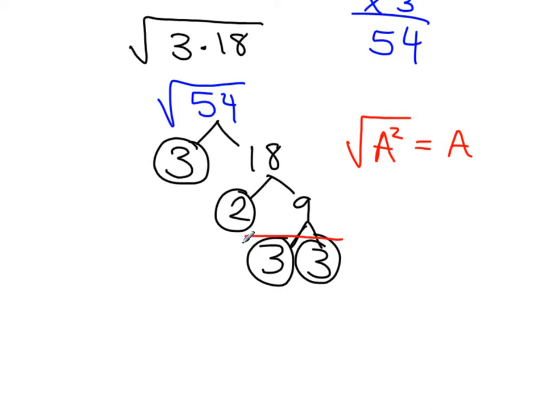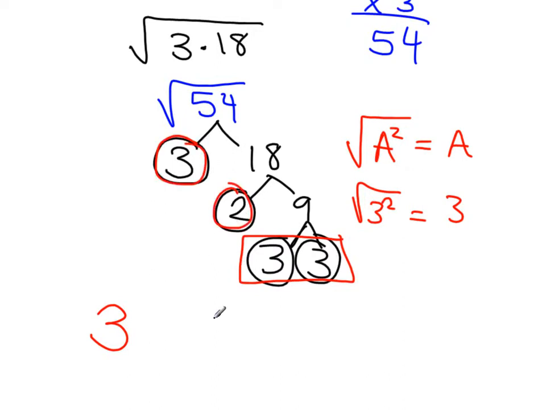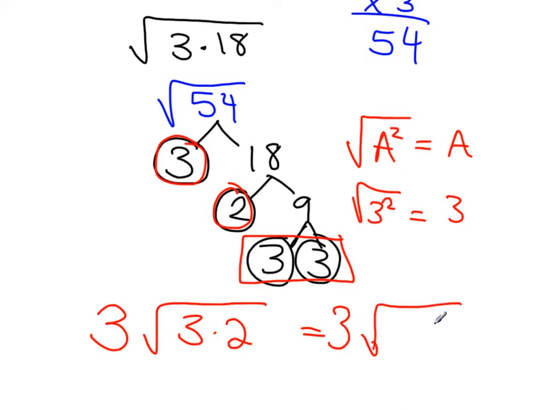So what we have right here is 3 squared, and the square root of 3 squared is just 3. So they're going to pop out of the radical. They had a buddy, they get to leave. Now this 3 and this 2 did not have anybody, so they're stuck under the radical. There was no perfect square. Now they're still being multiplied together, which we'll go ahead and get. Oops, let me not forget my 3 out front. And we'll have 3 square root 6 as the simplified version.